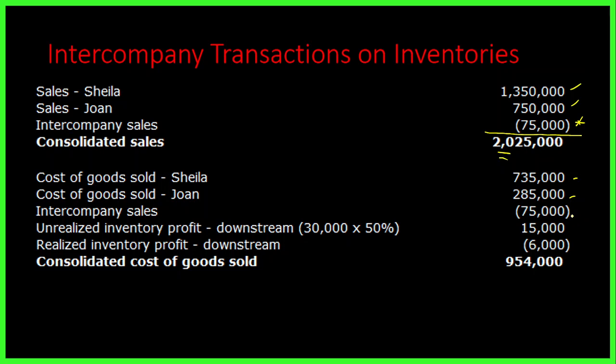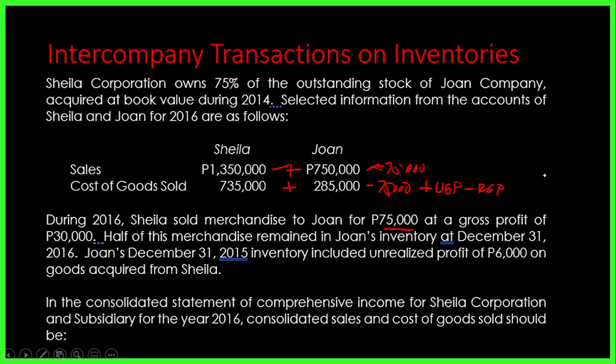Now, we have to adjust this by your realized and unrealized gross profit. So, saan po manggagaling ang unrealized gross profit natin? This will come from your ending inventories. Based on the problem, half of this merchandise remained in Joanne's inventory at December 31, 2016. So this is now the ending inventory.